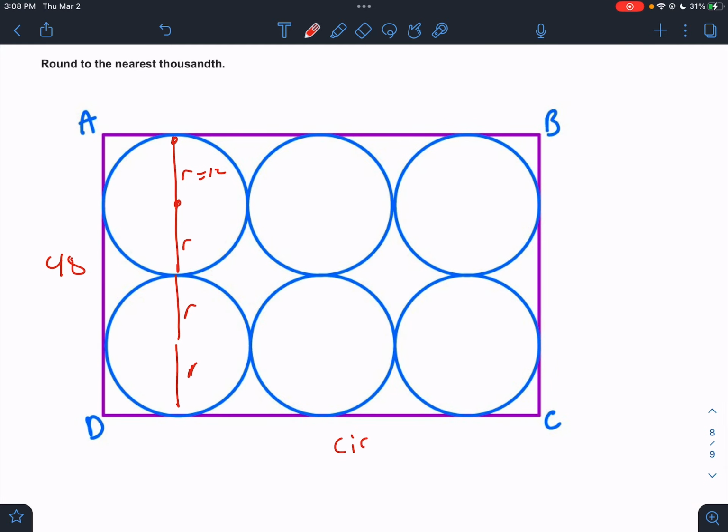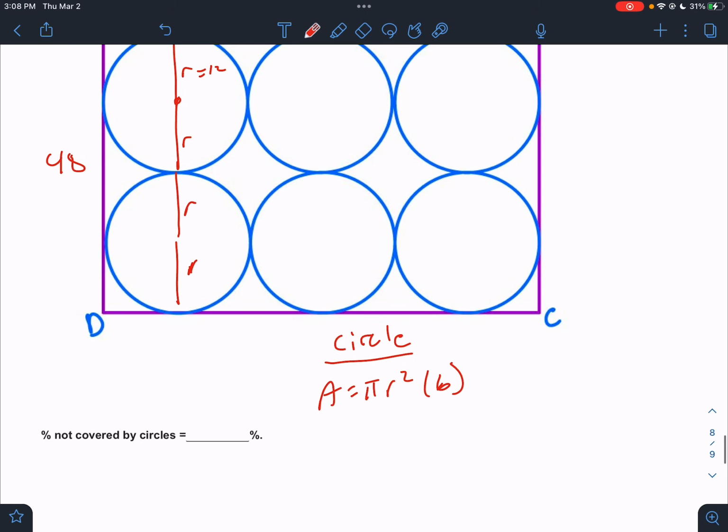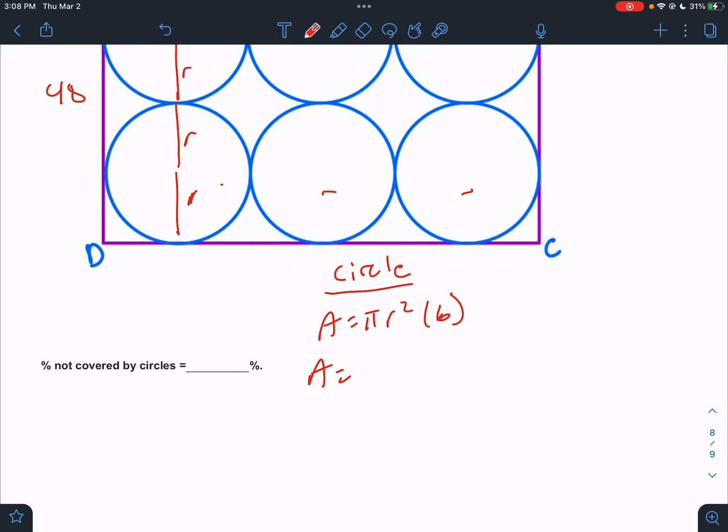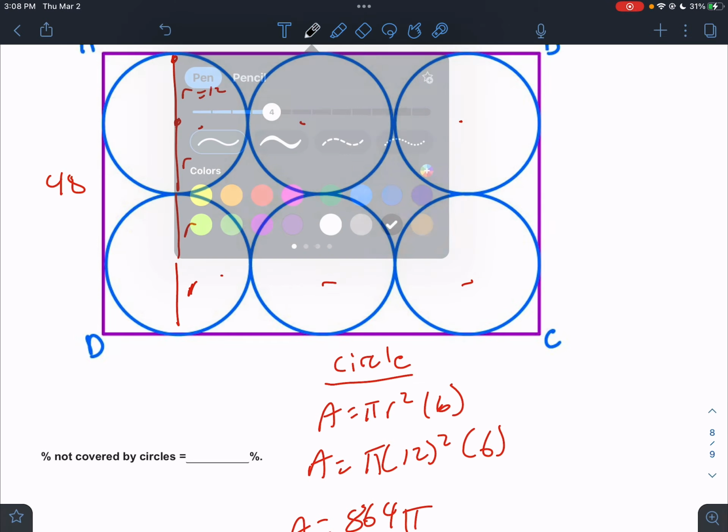So if we're talking about the circles, area equals pi r squared, but there's 6 of them. So that would be pi times 12 squared times 6. That'd be 144 times 6. The area of the 6 circles is 864 pi. How about the rectangle?